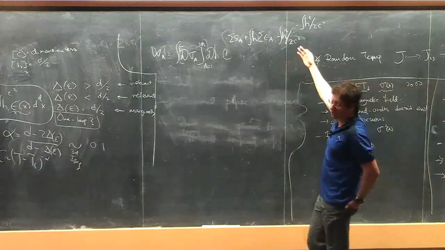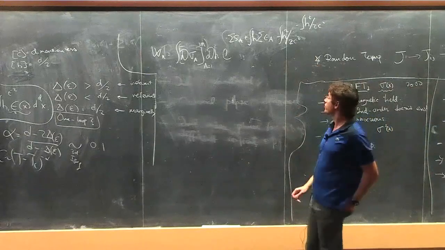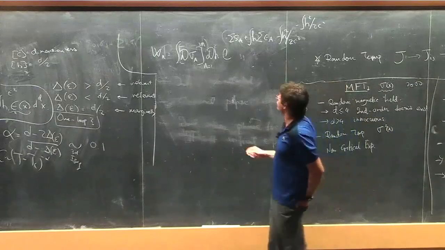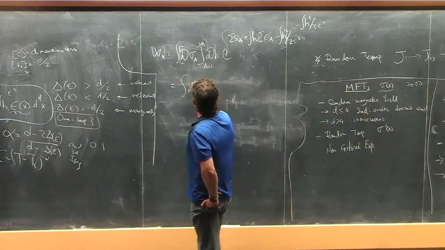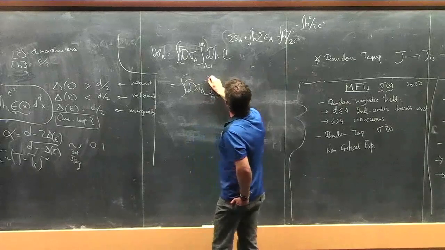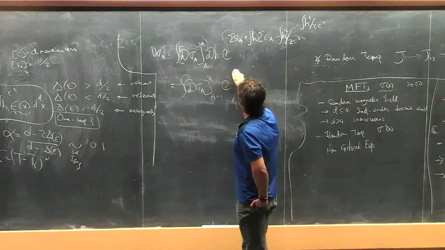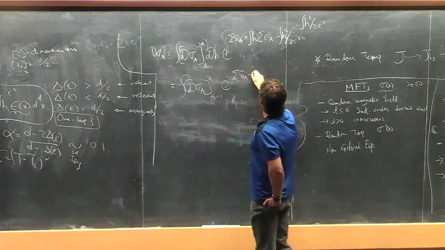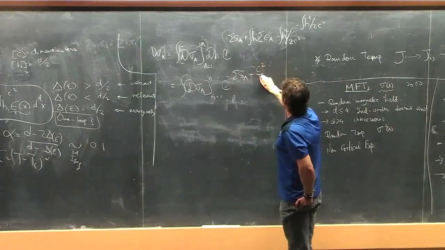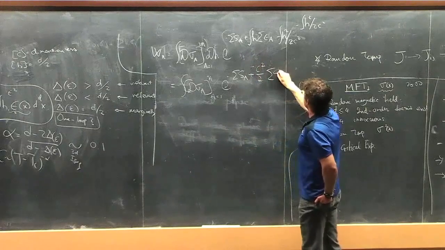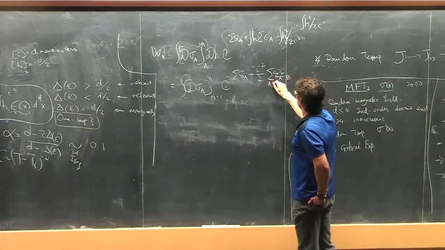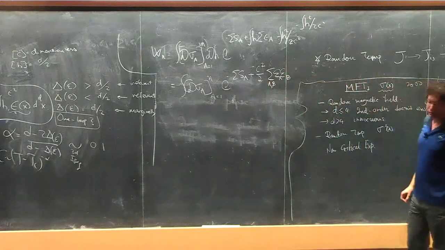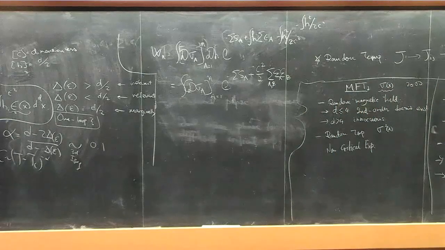You can integrate out h straightforwardly, because now h appears in a quadratic fashion. And this becomes d sigma a going from 1 to n, and then e to the minus S_a plus c squared over 2 sigma a sigma b over all the replicas. Okay, so that's a straightforward computation.